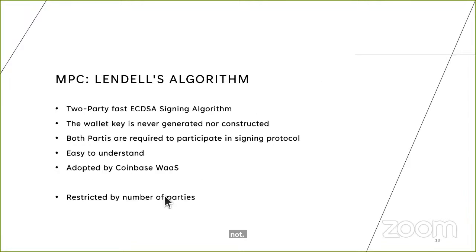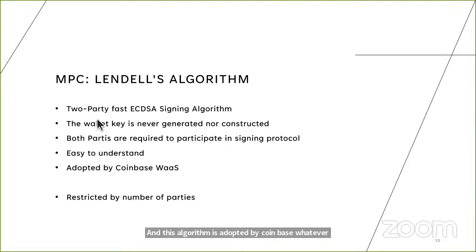And yeah, we are going to the next algorithm, which is based on Lindell's algorithm, published by Lindell, who is a cryptography scientist. This algorithm is adopted by Coinbase Wallet as a Service.